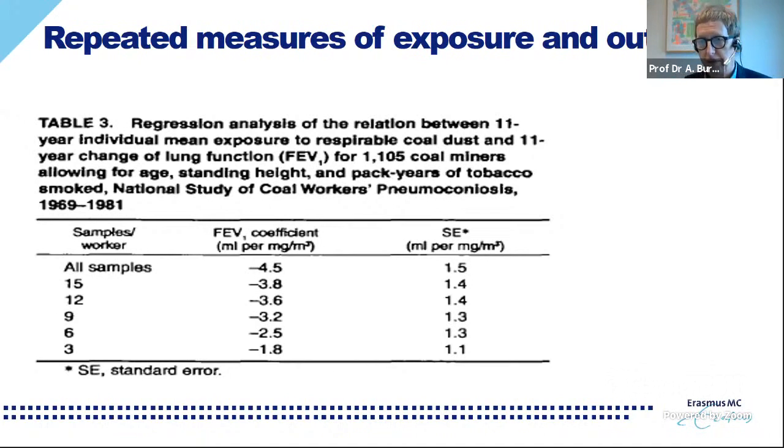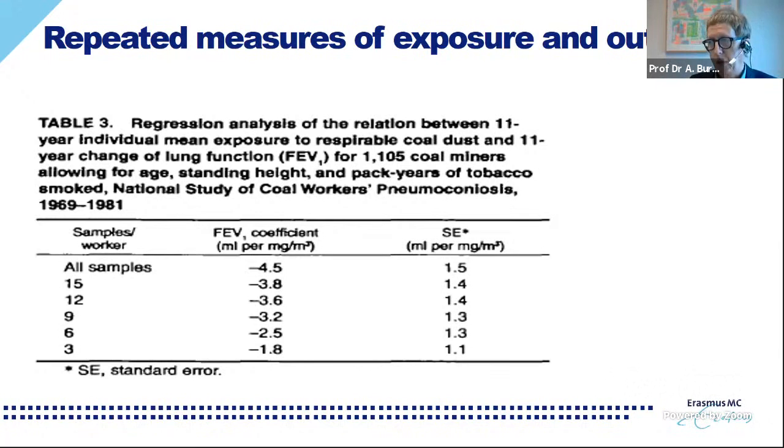And so they did. And then each year, they also did lung function measurements. So now you have this perfect data set over 11 years. You have lots of individual exposure measurements, and you have 11 times the lung function measurements. So now you can link exposure to lung function perfectly.